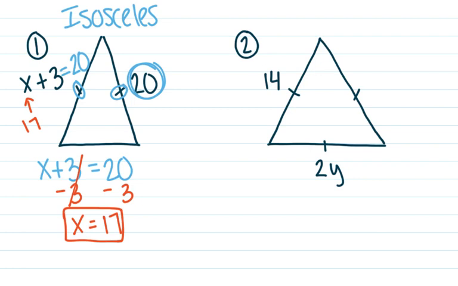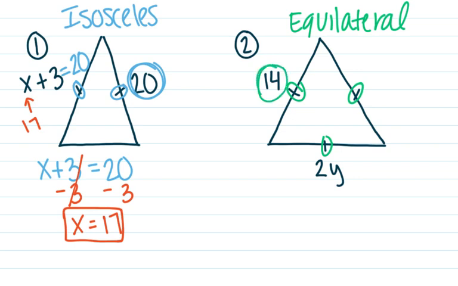Over here on number 2, we have an equilateral triangle. How do I know that? Because I see that there are tick marks on every side of the triangle, indicating that every side of the triangle has the same side length, and that side length is 14. So this side is 14, this side's supposed to be 14, and this down here where we have this 2y, it's supposed to equal 14 as well.